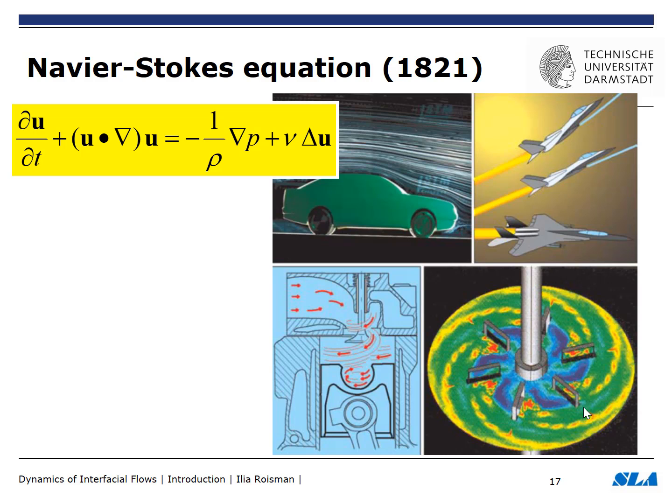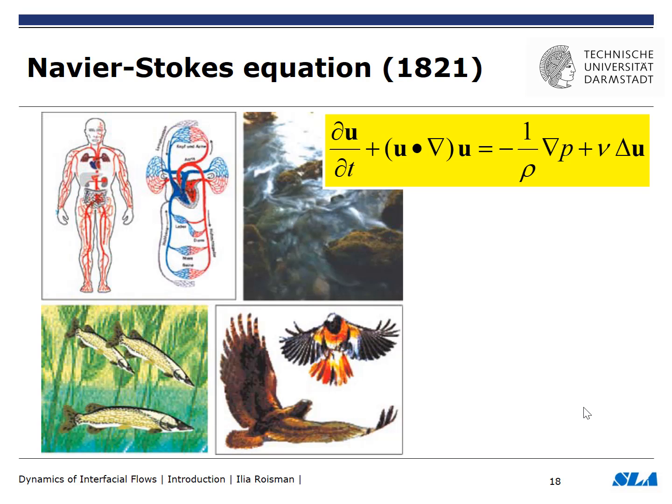This equation today is used for computation of many industrial flows, for example, aerodynamics, car dynamics, internal combustion flows, and so on. Many other flows are computed using the Navier-Stokes equation. One of the topics is also biological flows.